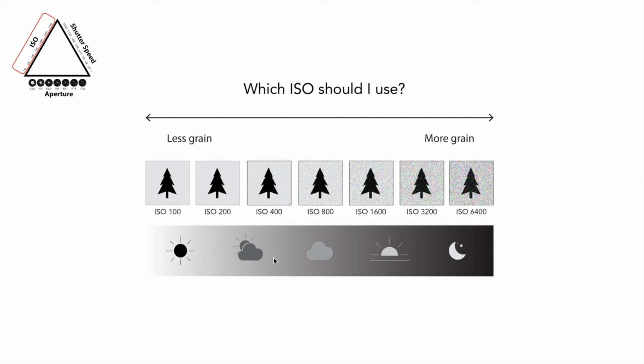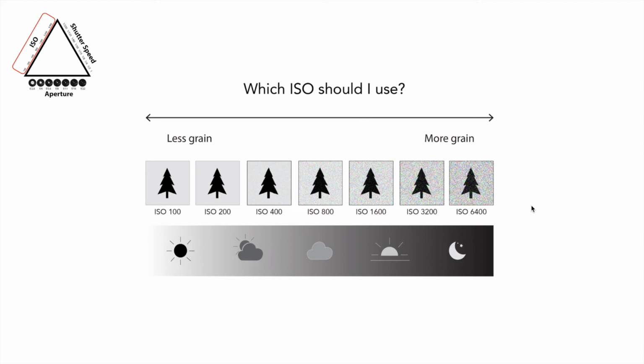However, if you're taking pictures when it's cloudy, when it's overcast, when it's dusk, or when it's night, obviously there's less light there anyway. So you need to ramp up the sensitivity of the sensors to be able to capture more light, but it means that there's more grain on the image.